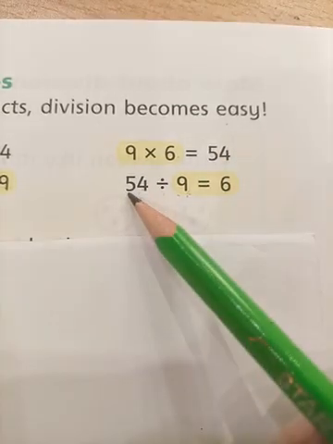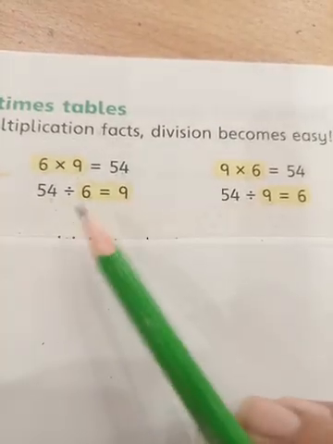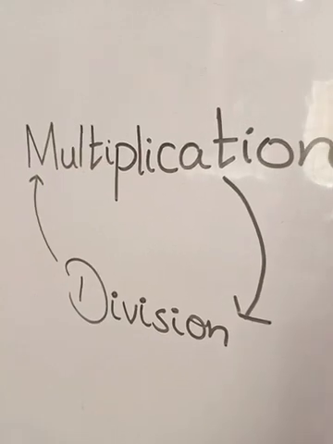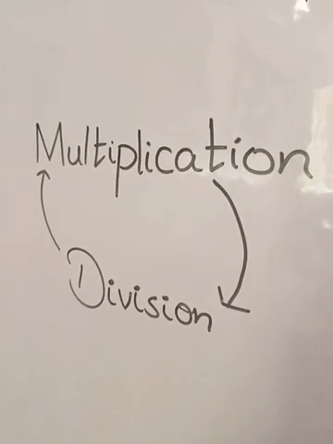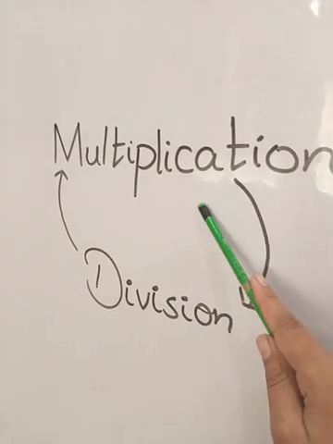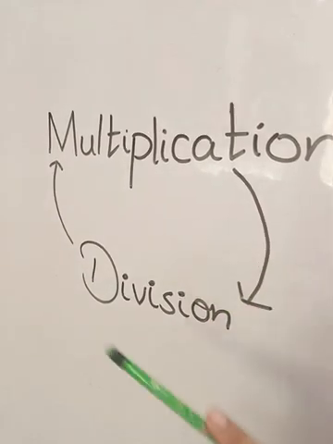Look at this. Okay, now what did we conclude from this example? Students, from this example we got the point that multiplication and division are opposite to each other. They are reverse to each other.